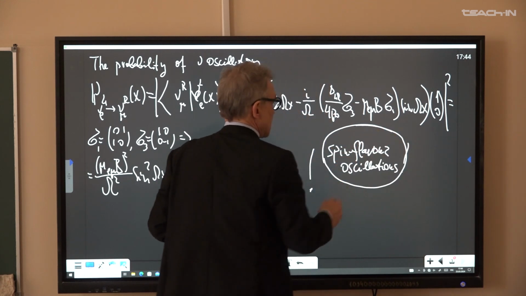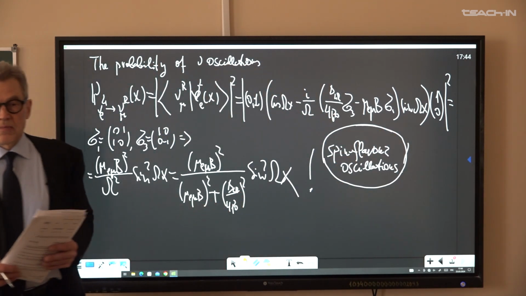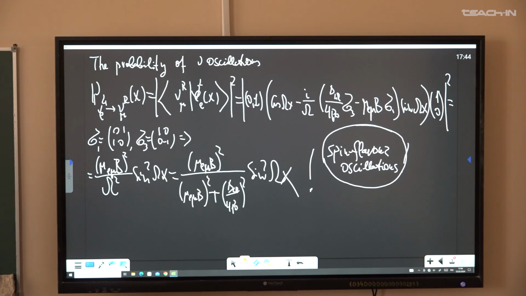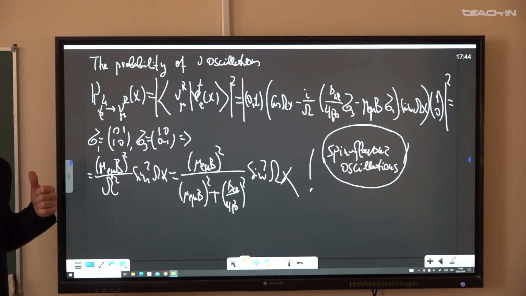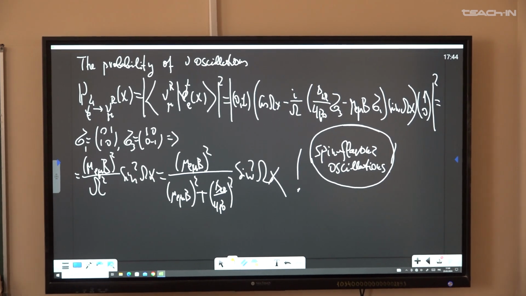I would say this is a new phenomenon with respect to the flavor oscillations, because the origin of flavor oscillations is due to inherent mixing described by the mixing angle theta. Here the mixing is due to mixing between left and right-handed neutrinos due to non-zero magnetic moment interaction in transversal magnetic field.